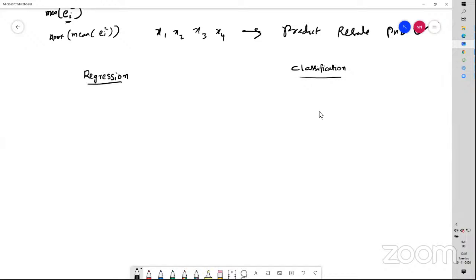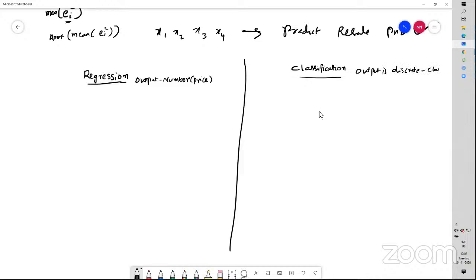Regression is when the output is a number, like price. Classification is when the output is discrete. We call them classes.